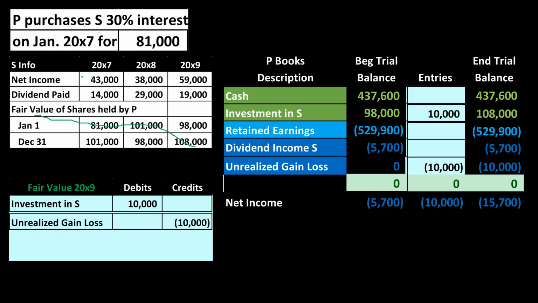Net income is the equity increase. The equity portion of their balance sheet has gone up in part due to the net income. And so we would represent our 30% of that instead of depending on the market to tell us what our valuation is, and instead of waiting until we actually get the dividend to record that income.